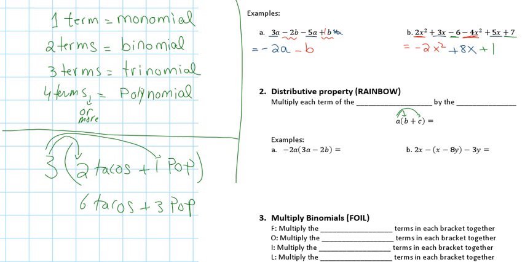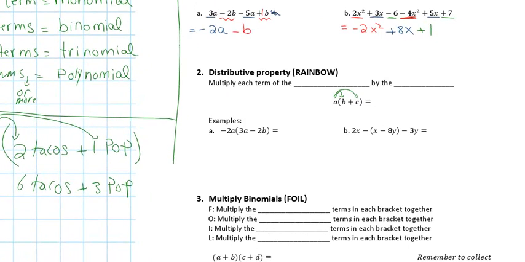We call it the distributive property, or rainbow. So, multiply each term of the binomial by the monomial. A times B is AB. A times C is AC. So I have AB plus AC.